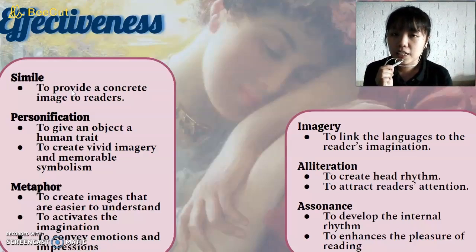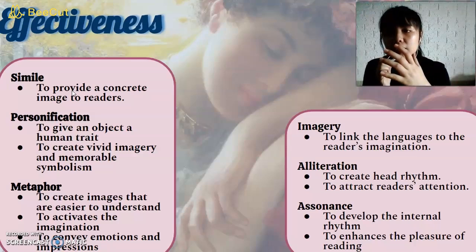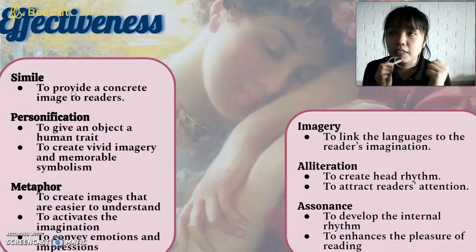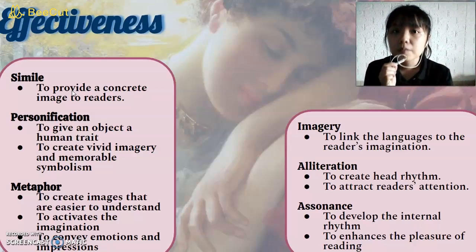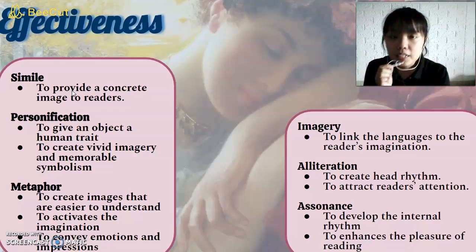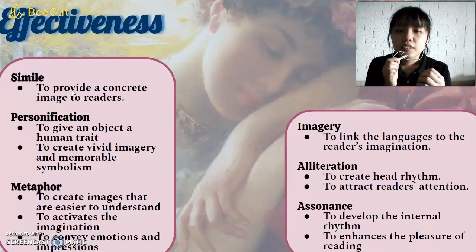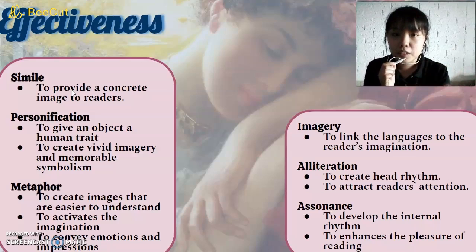It is also understanding that something that might not be concrete is the same as something that is concrete. So the readers are able to understand the image experienced by the poet through simile.